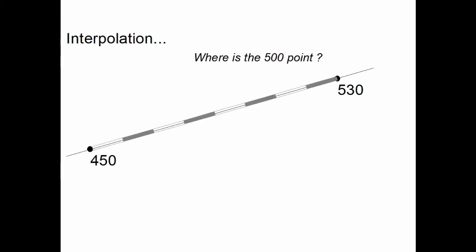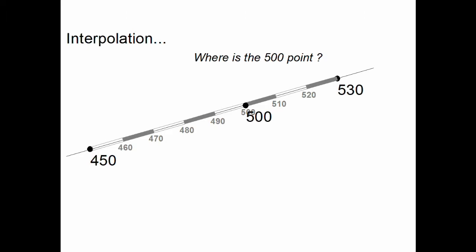But where is the 500 point? Well, if you put an equally spaced scale between the 450 and the 530 point, and then ticked off values along this equally spaced scale, you can see that your estimated 500 elevation point would be right here. Now, how accurate is it?